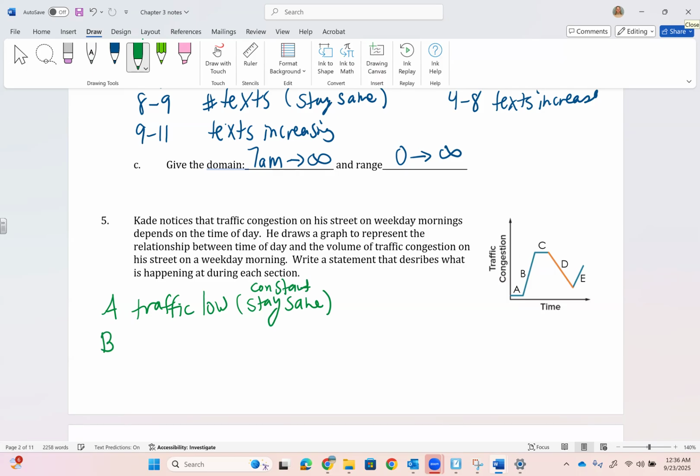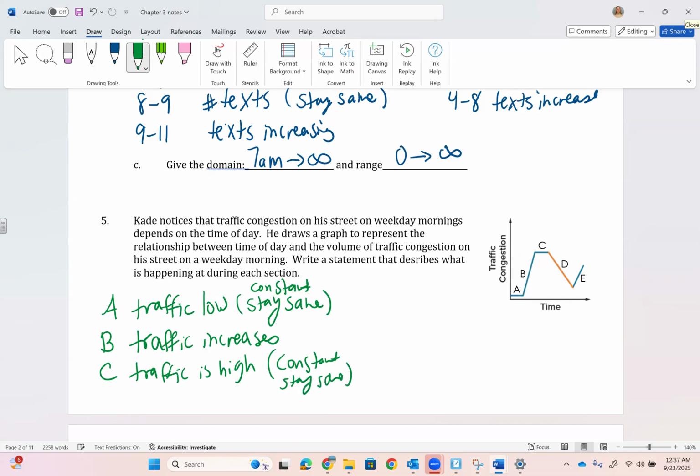In part B traffic is increasing. Part C, traffic is high, but it's constant. It's staying the same. And then D, traffic is decreasing. And then E, traffic increases.